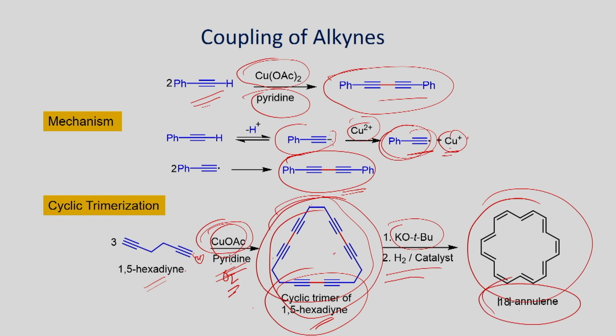First, the copper 1 acetate is oxidized to copper 2 acetate, which can reduce the anion that you generate from the alkyne using base to a radical, that can undergo trimerization as shown here. You form the cyclic trimer of 1,5-hexadiene. Once you form this one, when you have the base, it can deprotonate, followed by hydrogenation, and you will be able to form this 18-annulene as the product.